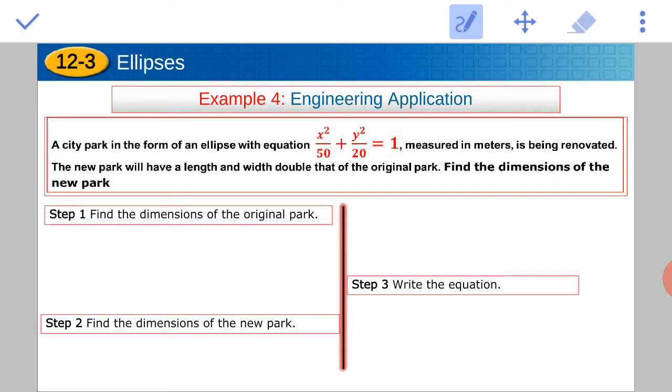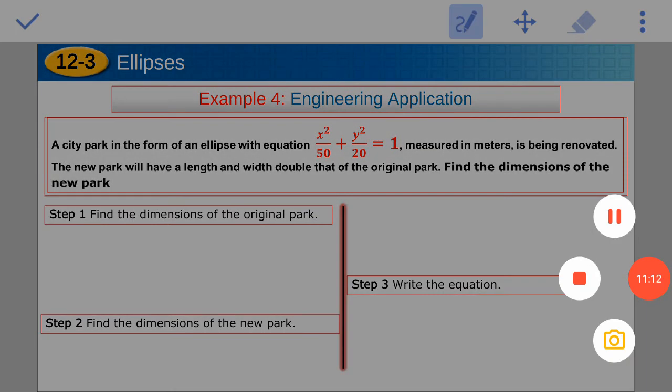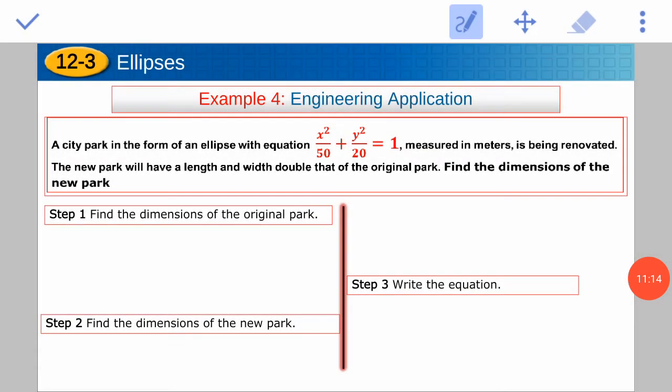Example number 4 is an engineering application. In this application, we need to apply the properties of an ellipse you learned in the first 3 examples in order to write the equation of a new ellipse. Take a look at that problem.